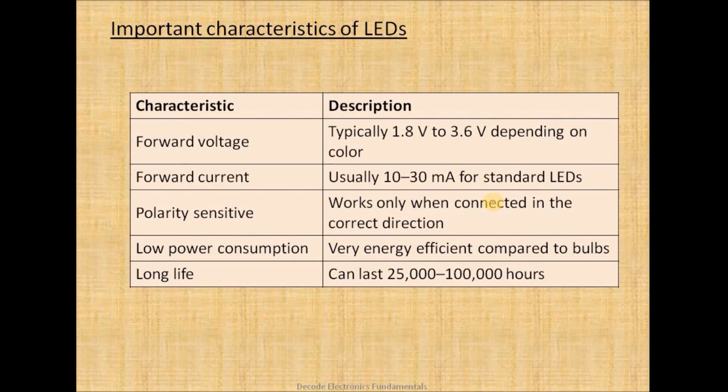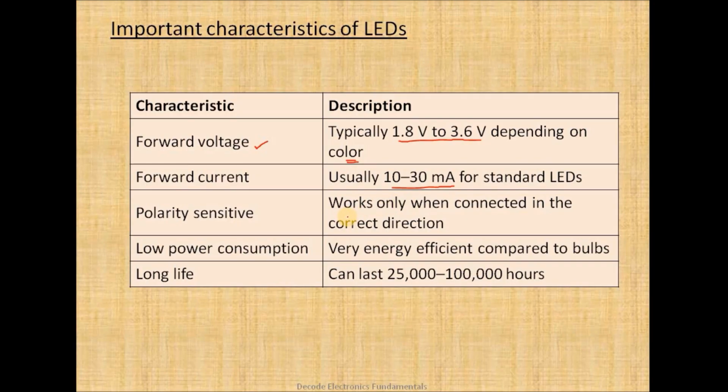Now what are the important characteristics of LEDs? There are a few important characteristics, like the forward voltage of an LED is typically between 1.8 to 3.6 volts, and it also depends on the color. Forward current is usually in the range of 10 to 30 milliamperes.